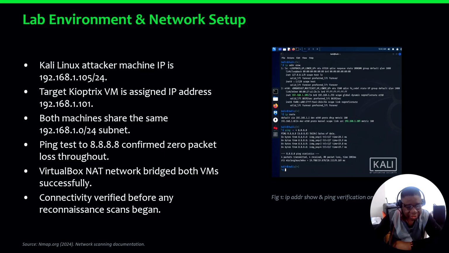Both machines share the same 192.168.1.0/24 subnet. The ping test to 8.8.8.8 confirmed 0 packet loss throughout, using the VirtualBox NAT network to bridge both VMs successfully. The connectivity was verified before the reconnaissance scan began. So you have to verify the connectivity using the reconnaissance scans.